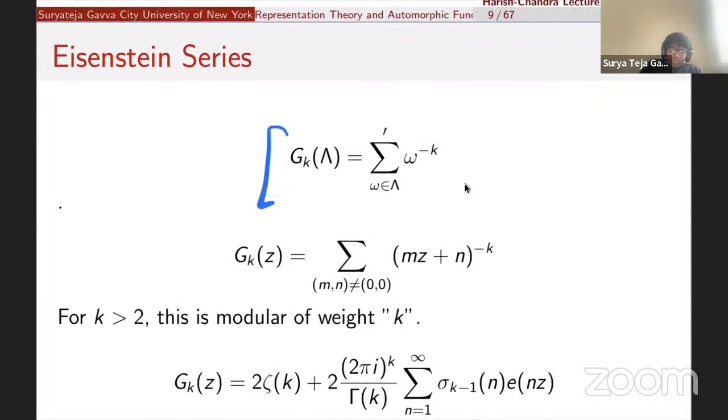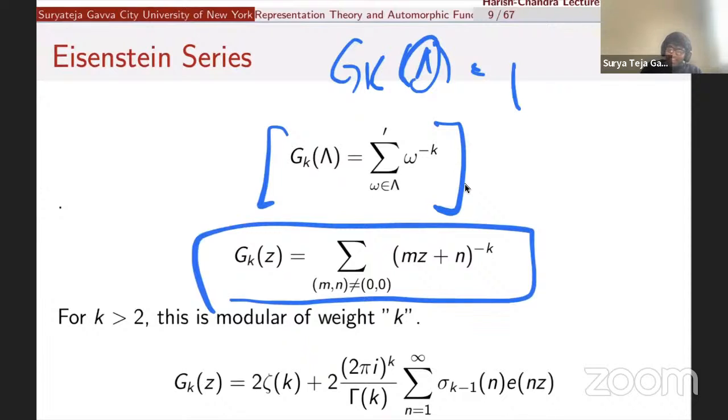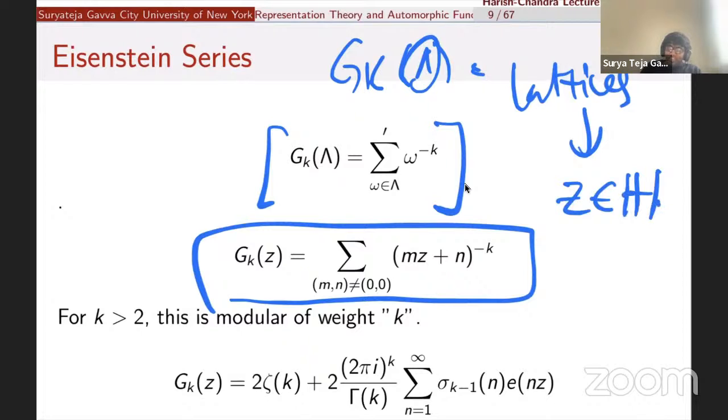As I said, these quantities that we saw before, the G_k of gamma, are functions of the lattice. Now if I represent them as functions of Z in H, the lattice is the lattice generated by 1 and Z. So every lattice I denote by this point Z in the upper half plane.